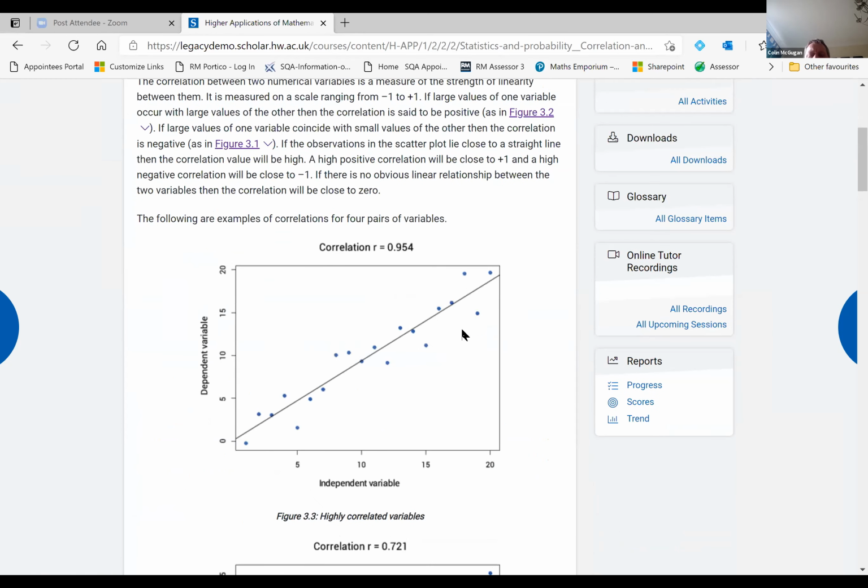The big difference between statistics in Higher Applications and statistics in National 5 Applications is that we're really not expecting the candidates to do manual calculations. The vast majority of calculations that the candidates are going to be doing will use a software package, something like Minitab or something like R.